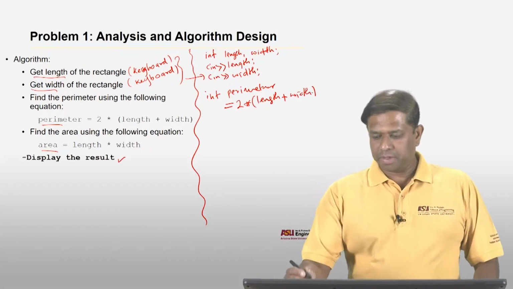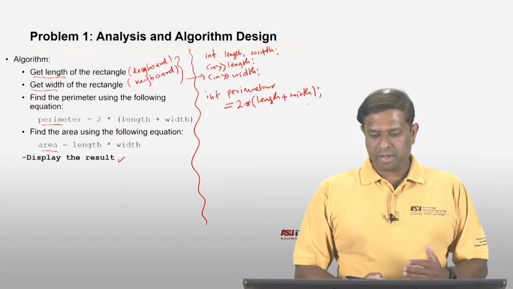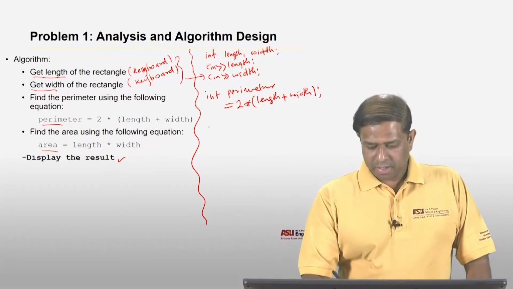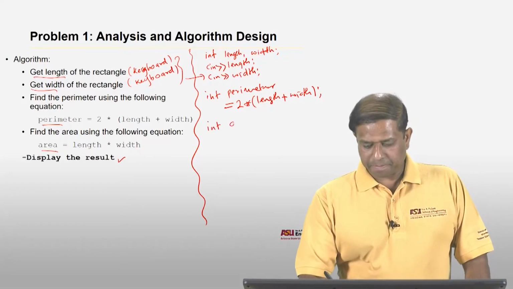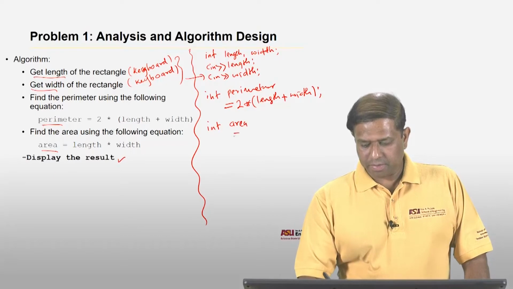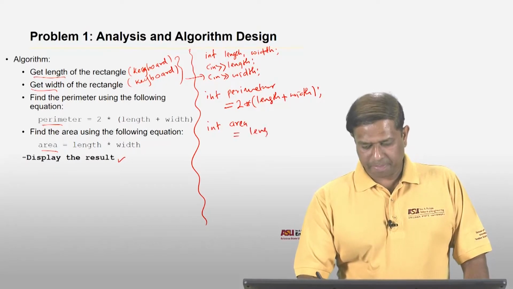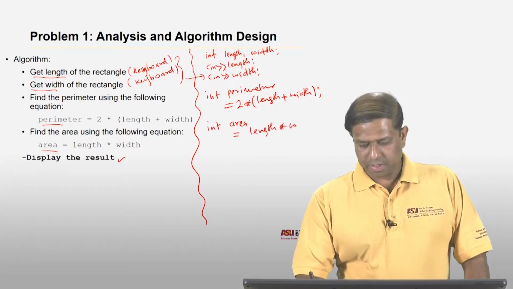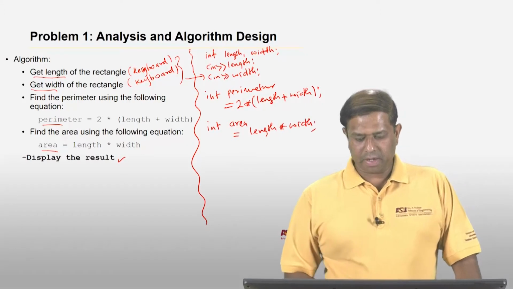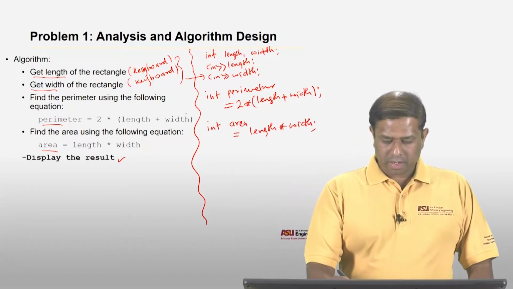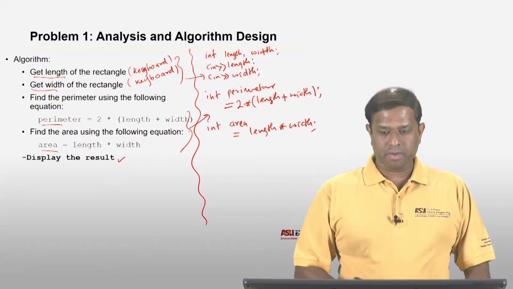So that's pretty much going to calculate the perimeter of the rectangle. Then we can calculate the area. So area equals length times width, right? So that will calculate these two outputs.